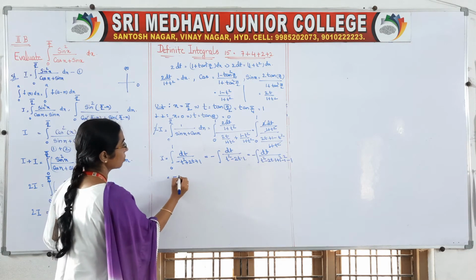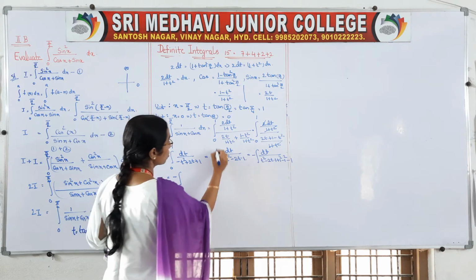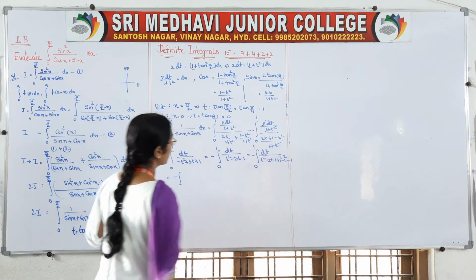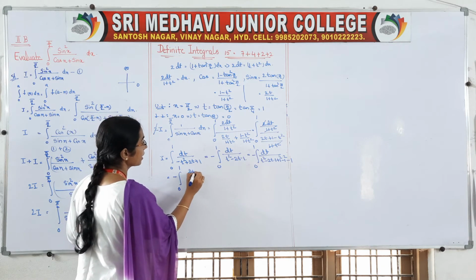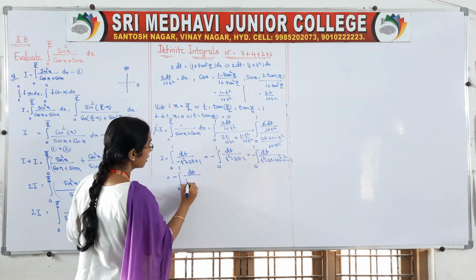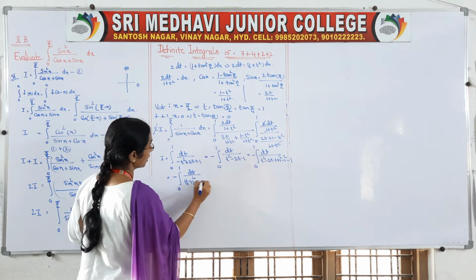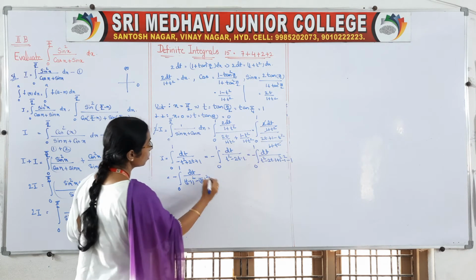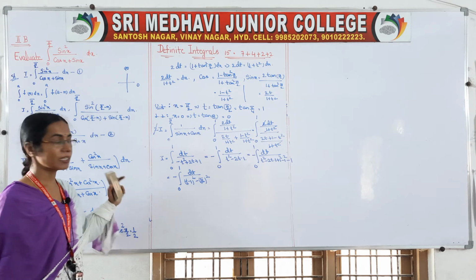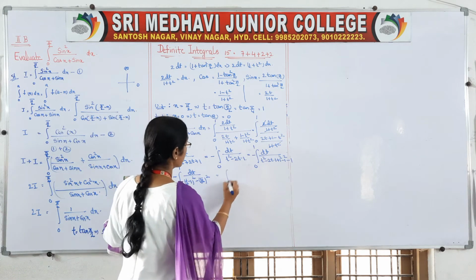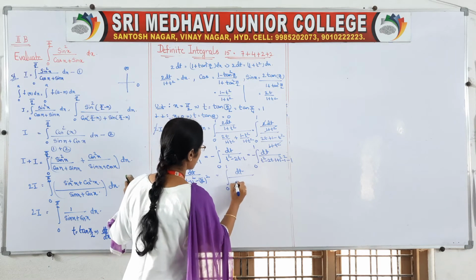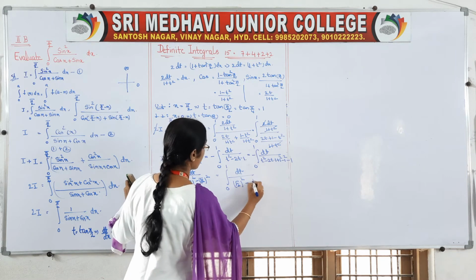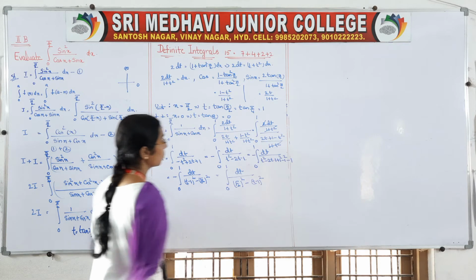So it is equal to minus, 0 to 1 are the limits, 0 to 1 dt by, from here to here, (t minus 1) whole square minus (root 2) whole square. Send this minus sign inside, right? So it is dt, 0 to 1, by (root 2) whole square minus (t minus 1) whole square.